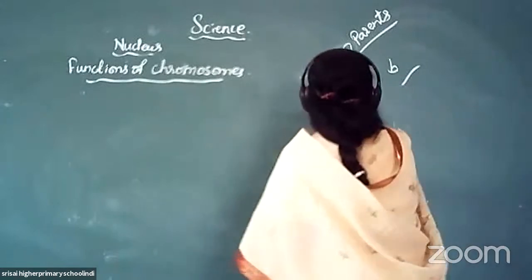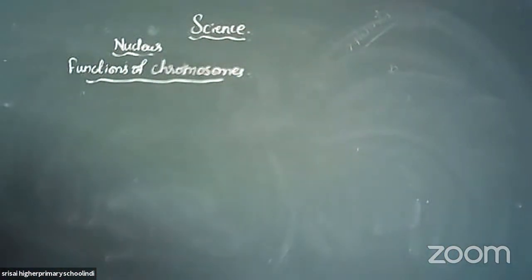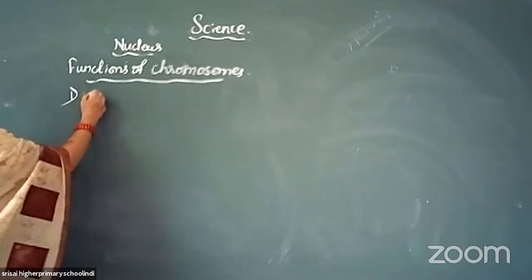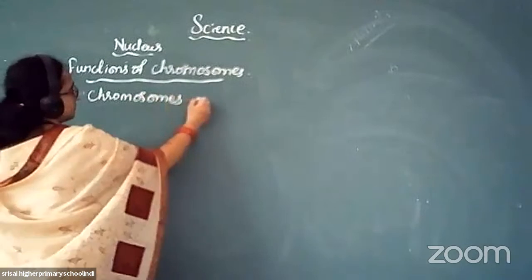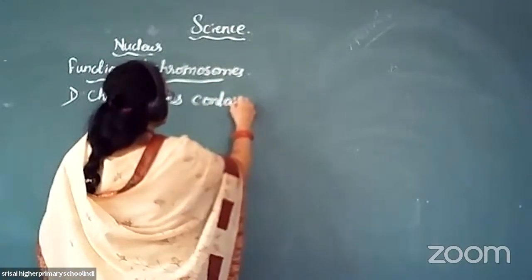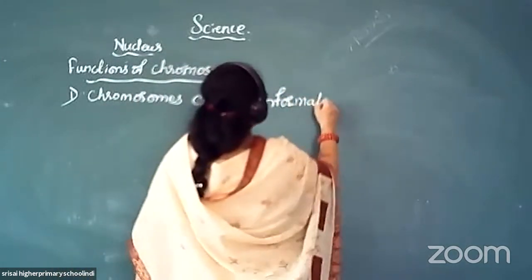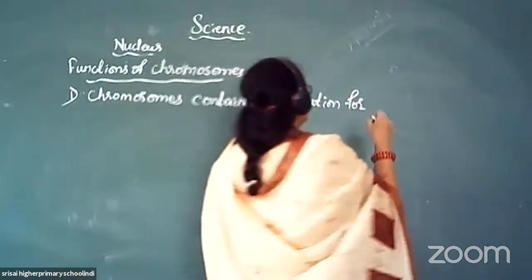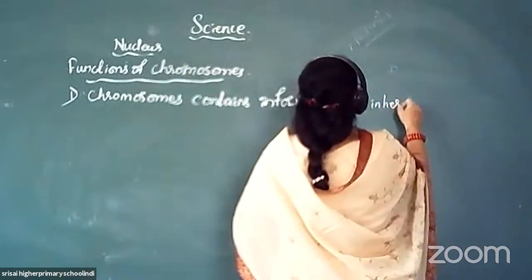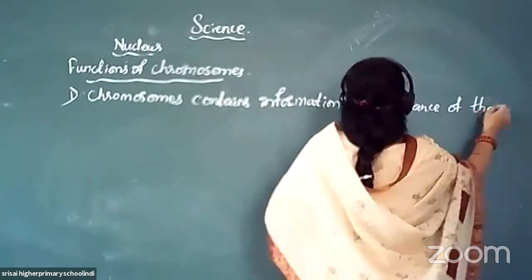Okay, let me come to the point. So I will write the points, take it down. The first point is: chromosomes contain information for inheritance of the features.